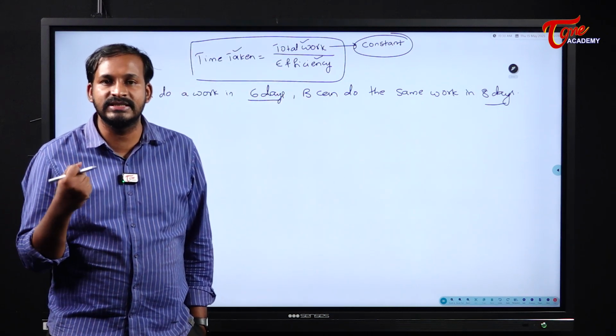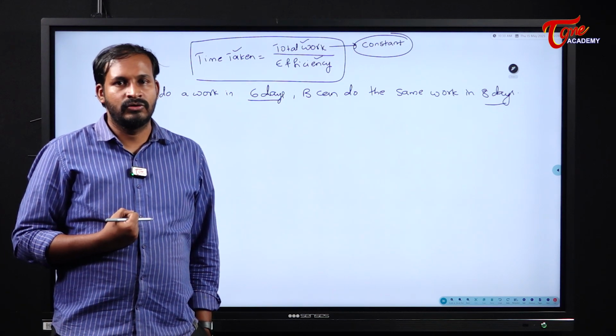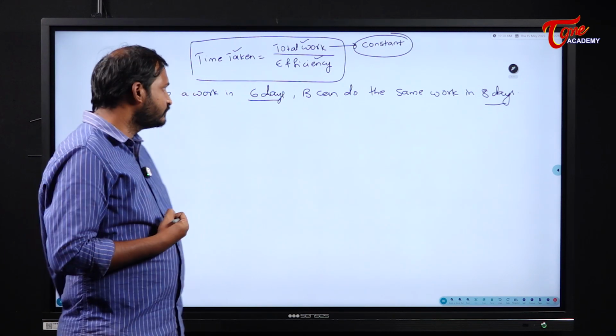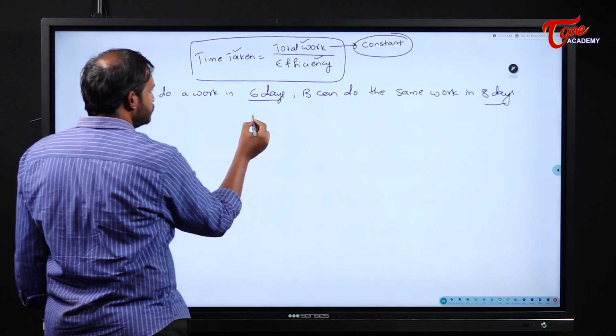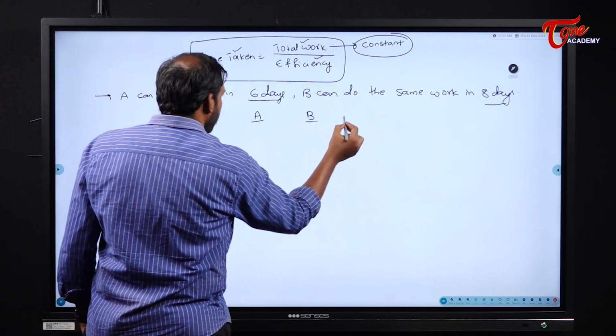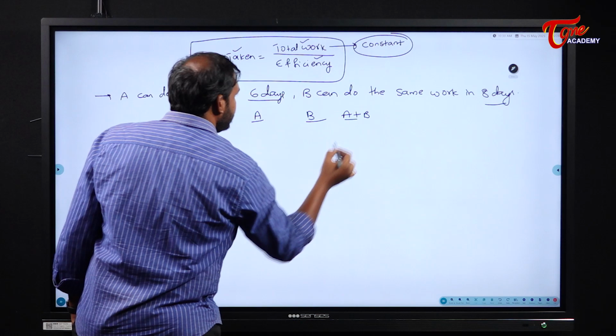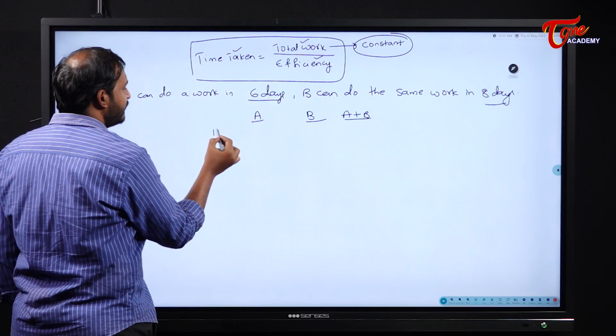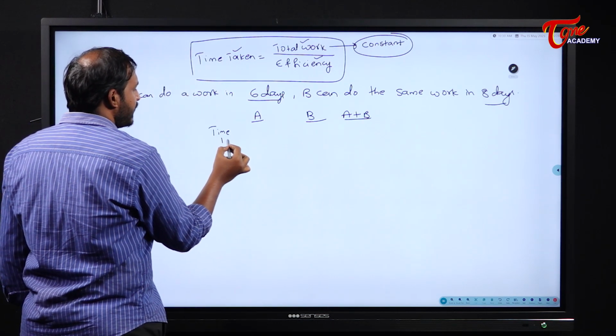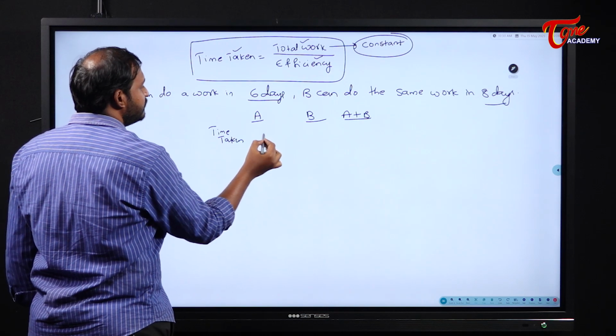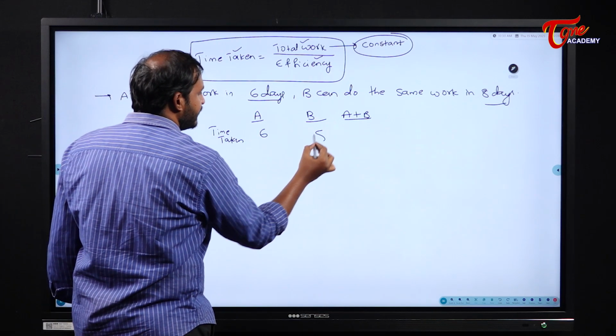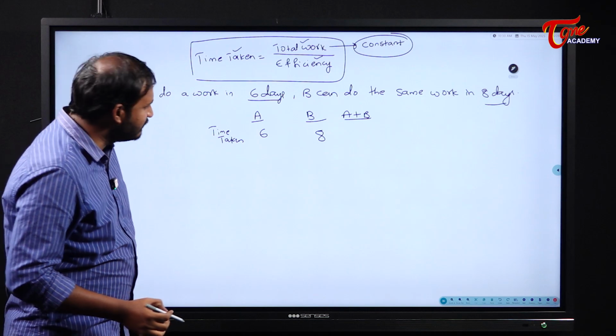Why? Because total work is a constant. Now, for A plus B, what are the time taken? A will take 6 days, B will take 8 days.